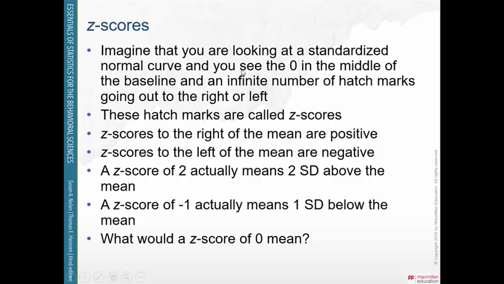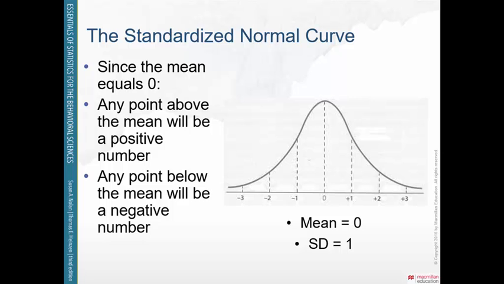So imagine that you're looking at our standardized normal curve. You see a 0 in the middle at the baseline, and then there are an infinite number of little marks going off to the right or left. We call these little marks z-scores. Here's the 0 in the middle, and while I've only marked here on this graph positive 1, positive 2, positive 3, you could imagine any number of little tiny marks here.